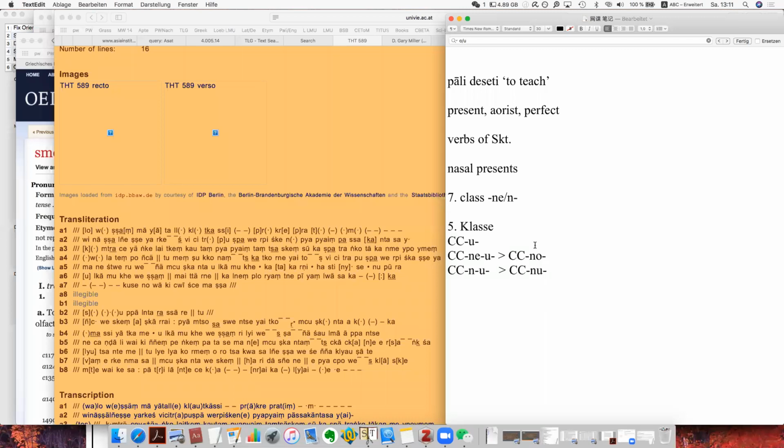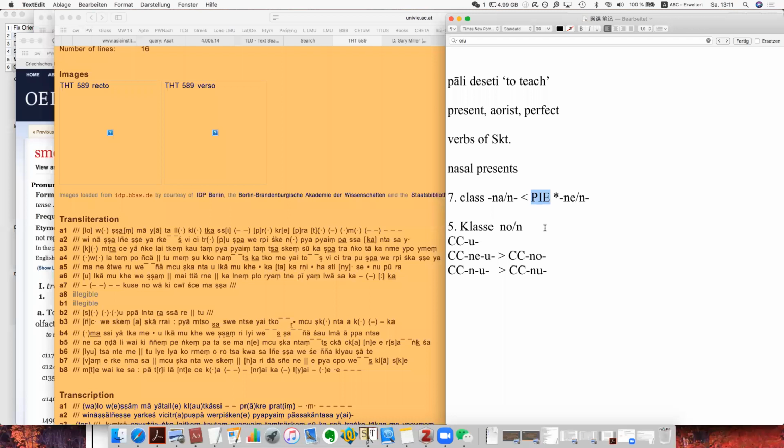I explained that this fifth class in Sanskrit comes from Proto-Indo-European. In Sanskrit it's na and nu, and this comes from the Proto-Indo-European ne and nu.